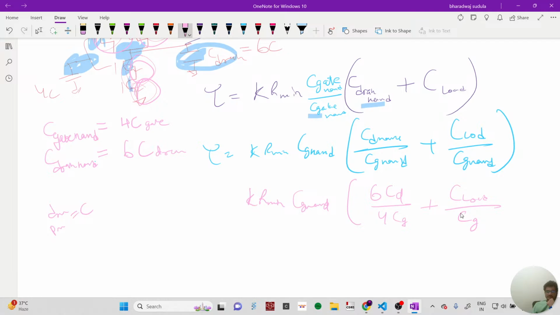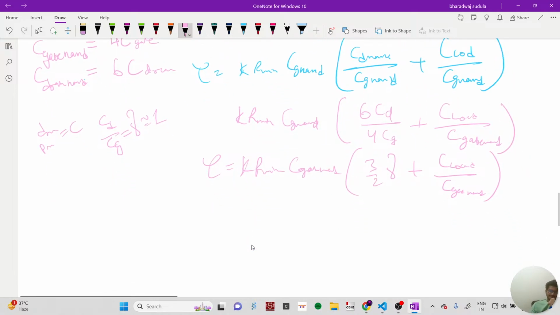Let it be NAND only. And I'm emphasizing it once again: this is gamma approximately equal to 1. So 3 by 2 gamma plus C load by C gate NAND, C gate NAND K R min. Fine.